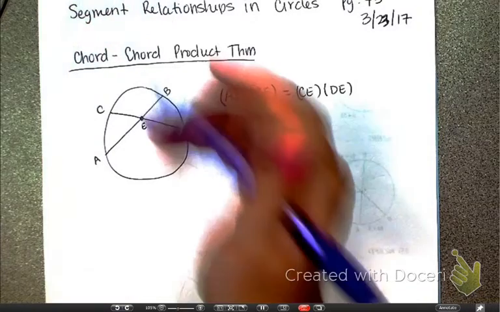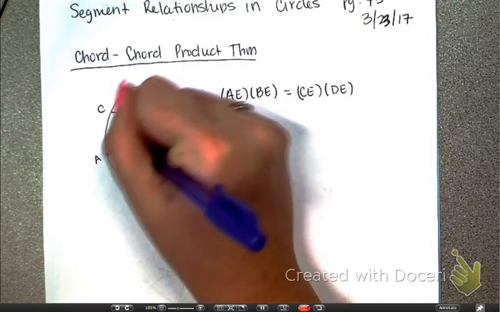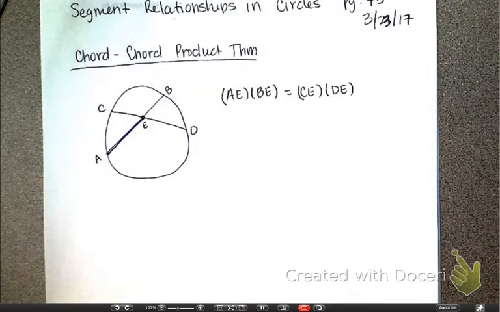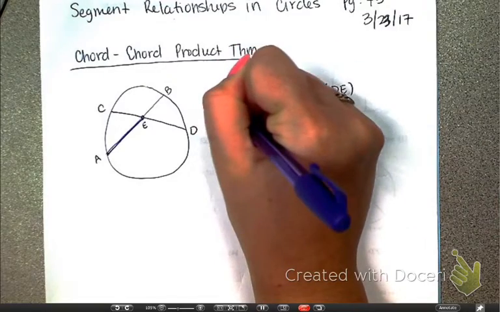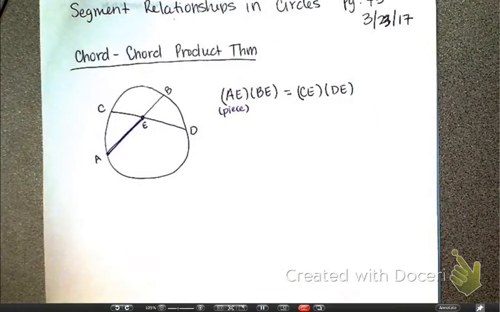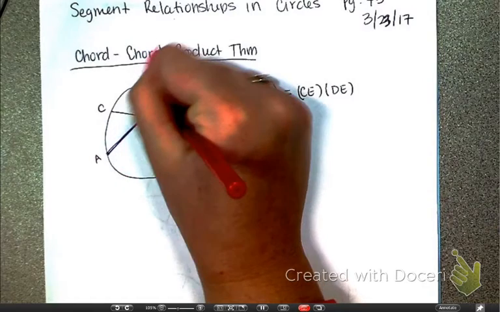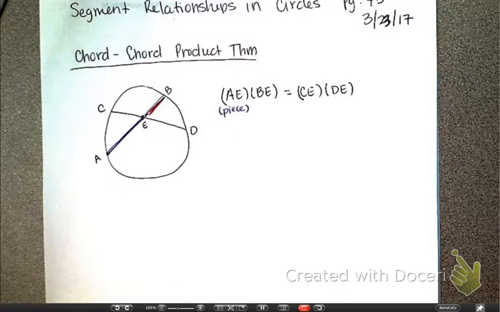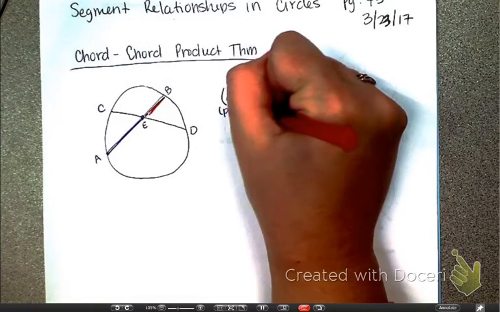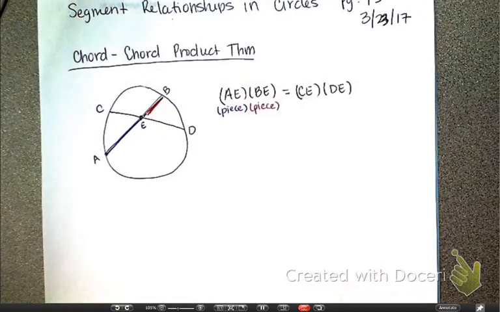Okay, so here is AE, right? That's a piece of one of the chords. And BE is the other piece. Do you see that? So we're going to multiply the two pieces of the chord together.